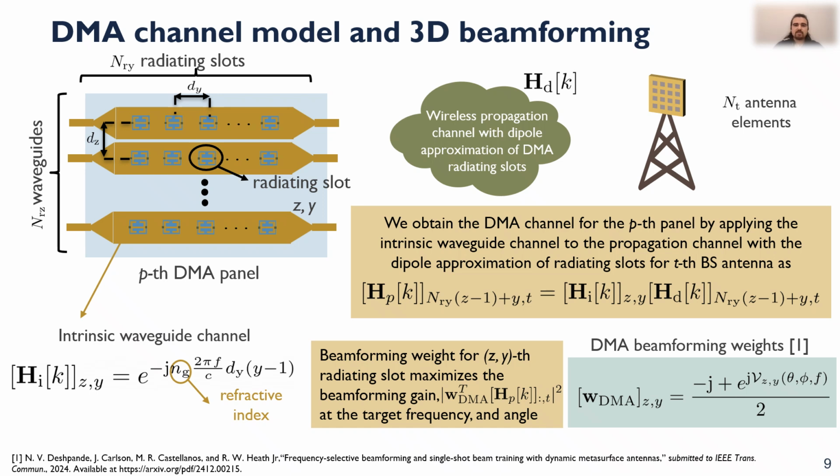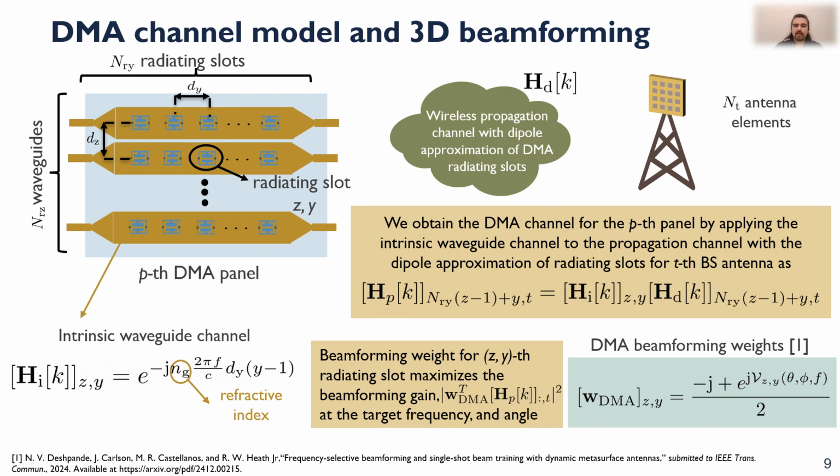In this slide, we explain the DMA channel model and 3D beamforming weights for DMA elements. On the left, the P DMA panel is shown, where on the vertical axis there are NRZ waveguides, and on the horizontal axis there are NRY radiating slots that each DMA waveguide has.